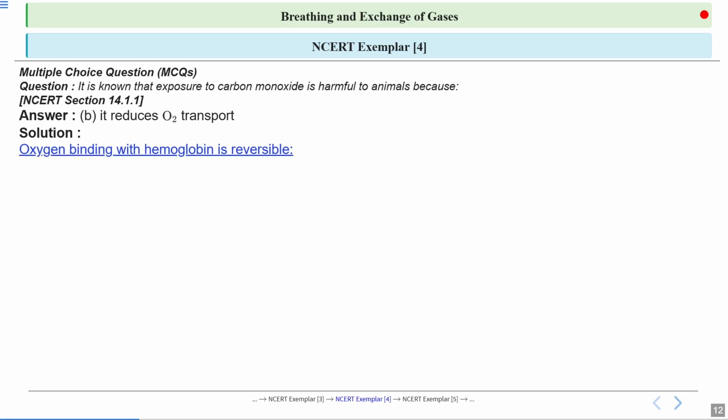Oxygen binding with hemoglobin is reversible, right? Once it gets combined with oxygen, it is called oxyhemoglobin, right? It is reversible, and when it reaches the tissue, the oxygen gets detached from the hemoglobin, and this oxygen reaches the tissue.